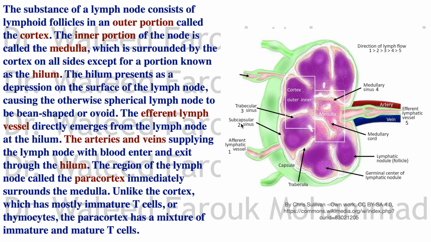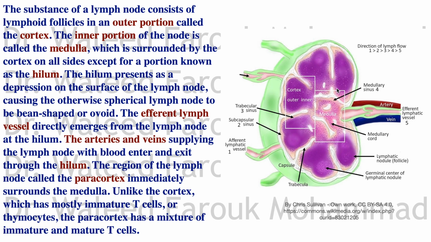This is a cut section of the lymph node. You can see that it's composed of a cortex. This is the cortex. This is the medulla of the lymph node. And this is the hilum of the lymph node where the efferent vessel leaves. Now, the part of the cortex that directly surrounds the medulla is called the paracortex.